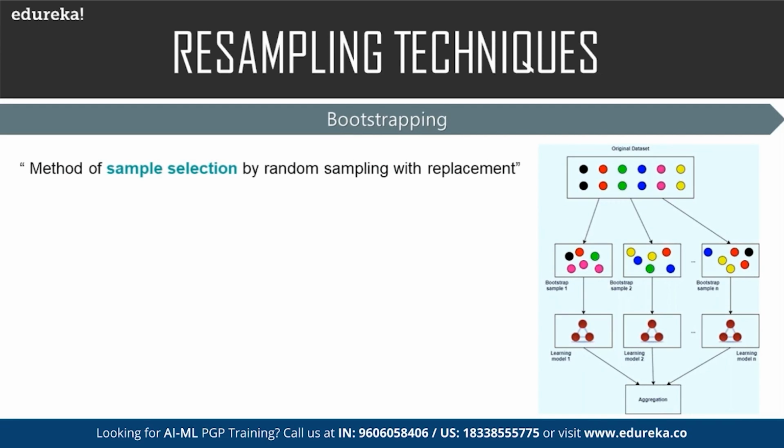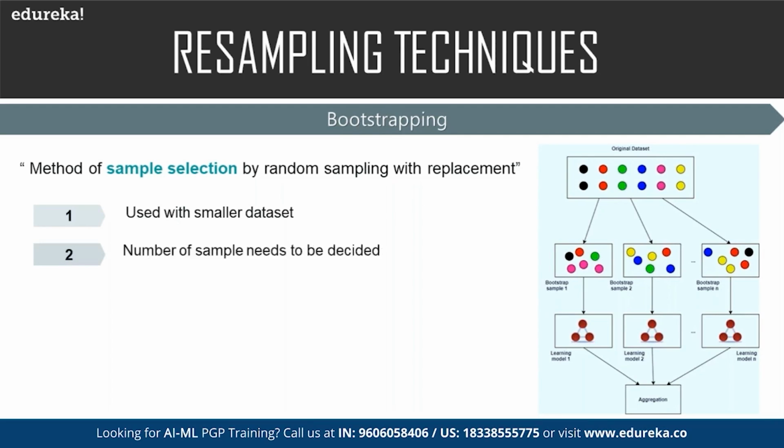Bootstrapping is another method, where we randomly sample the data with replacement. With replacement, in the sense that in place of the existing data, we use new data. This is how we randomly pick data from the data distribution of the data set. This is the method where we sample, resample, and split the data.